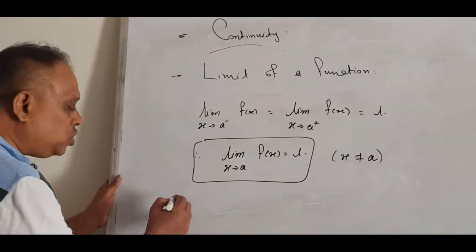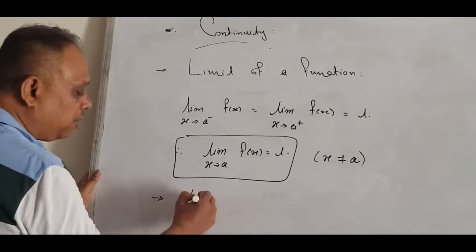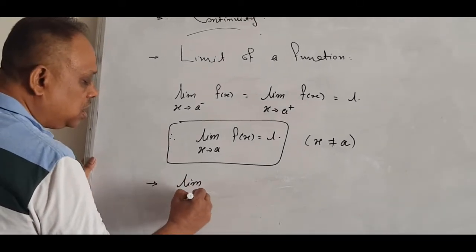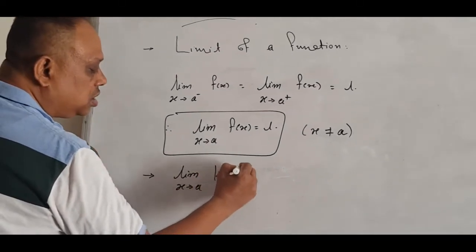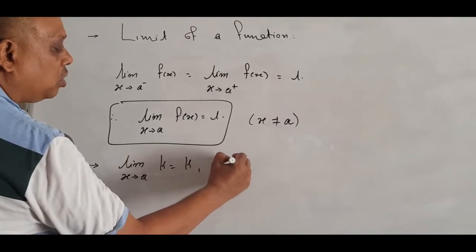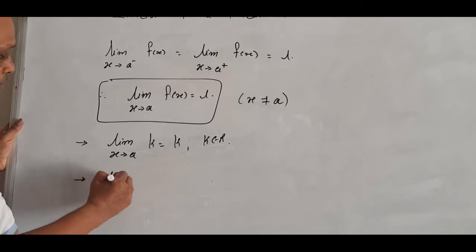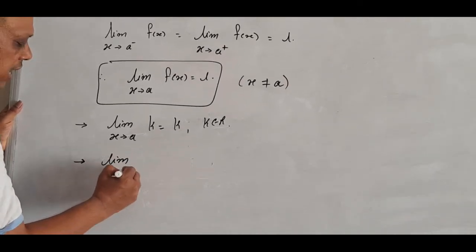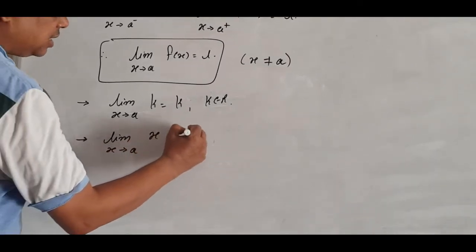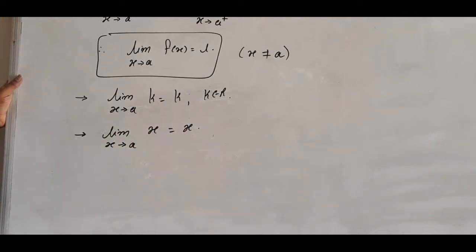Some rules you have seen like this: the limit of a constant function is the constant, if k belongs to R. Second, the limit of the identity function f(x) equals x.